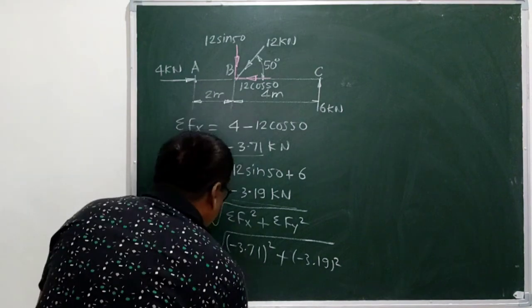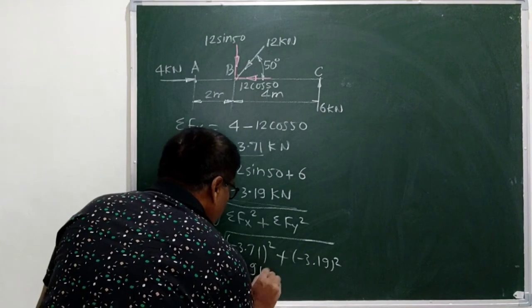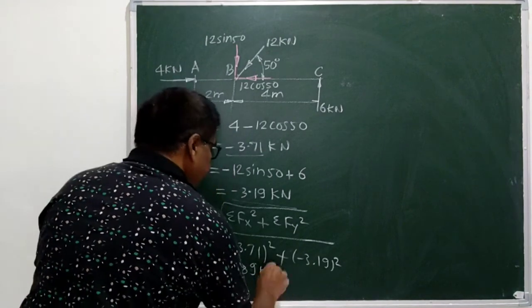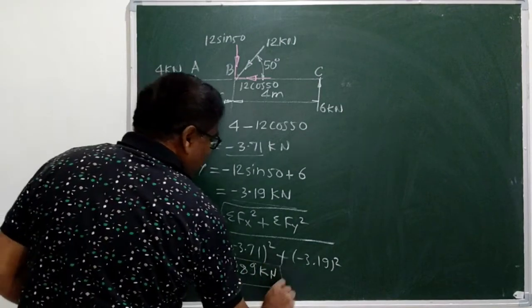It is coming 4.89 kilonewtons. This is the magnitude of resultant.